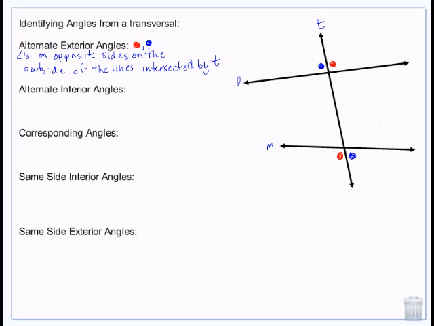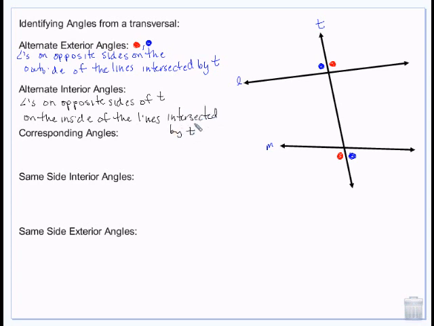Alternate interior angles are angles on the opposite sides. Okay, so I'm going to make these green and yellow.